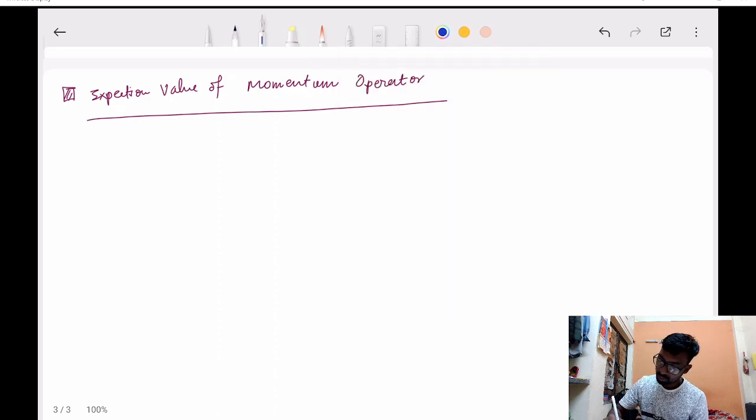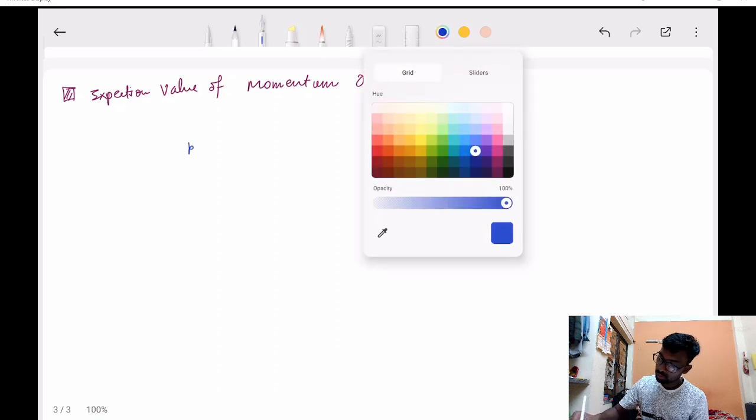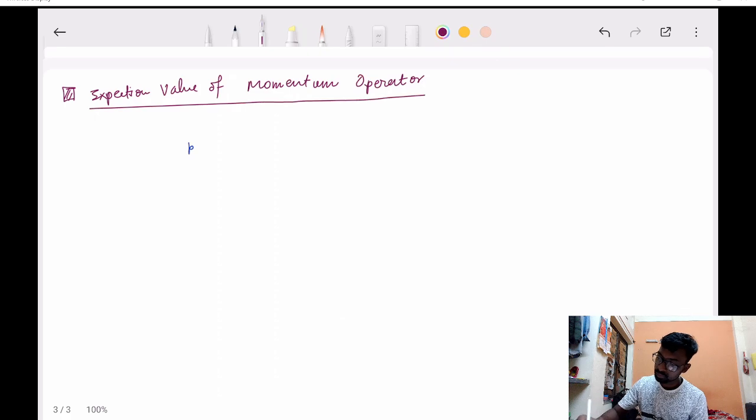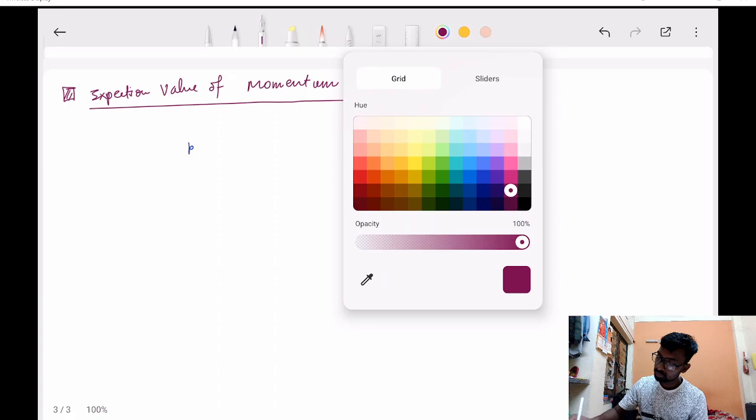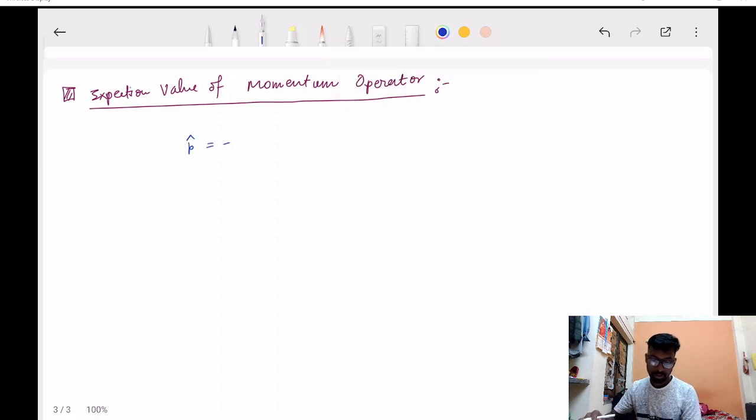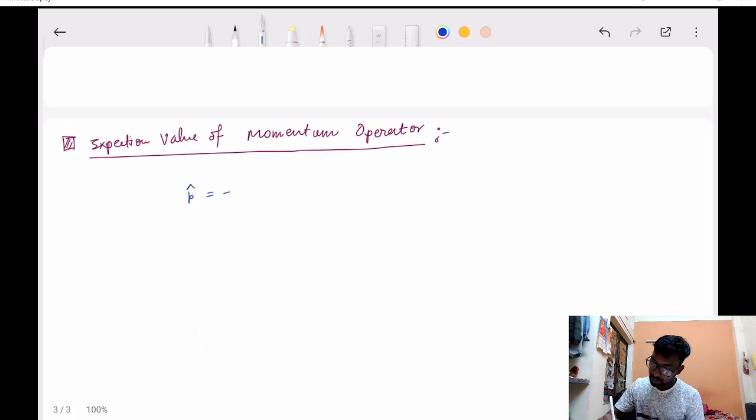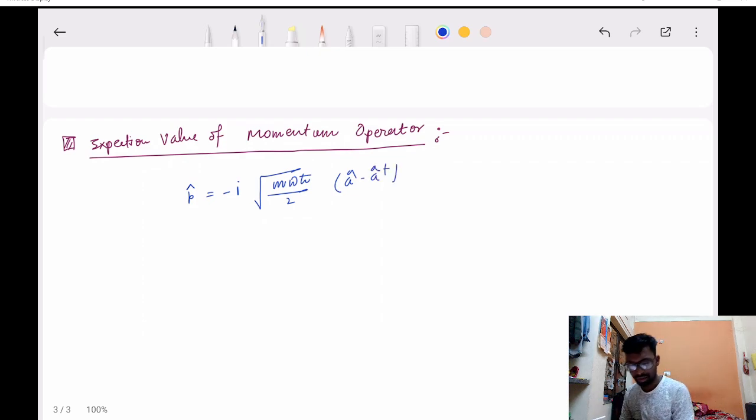So we already know p cap is equal to minus i root m omega h cut upon 2 times (a cap minus a cap dagger). We get the momentum operator in terms of lowering and raising operators. So for the nth state, the expectation value of the momentum operator is <n| p cap |n>.